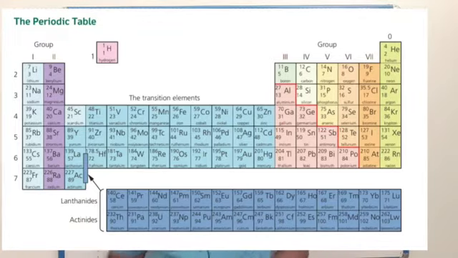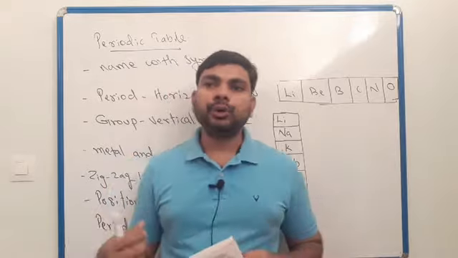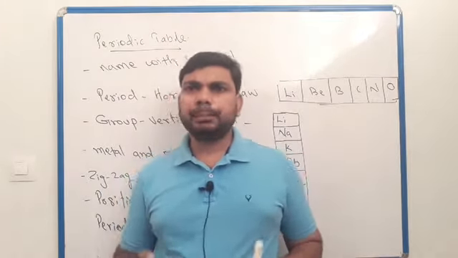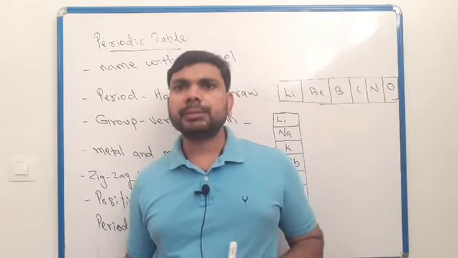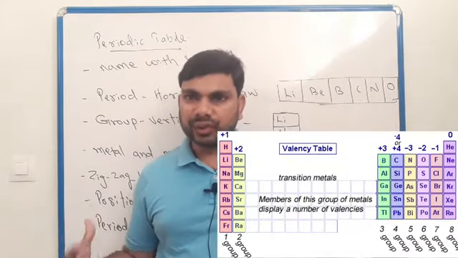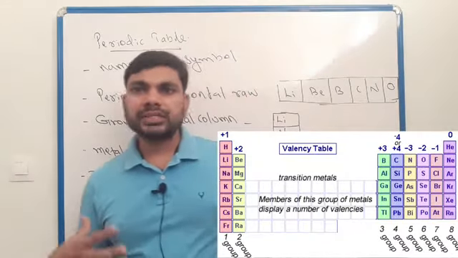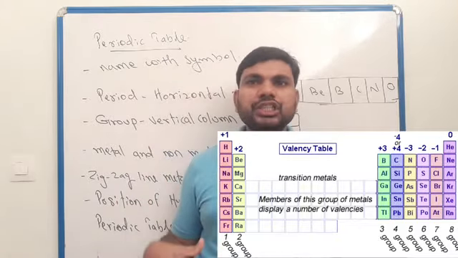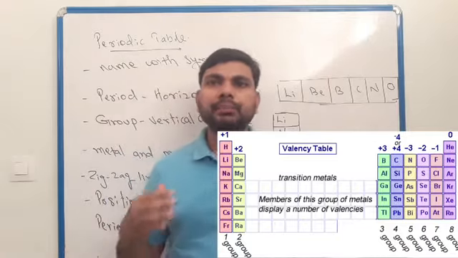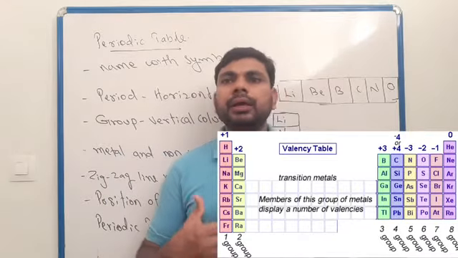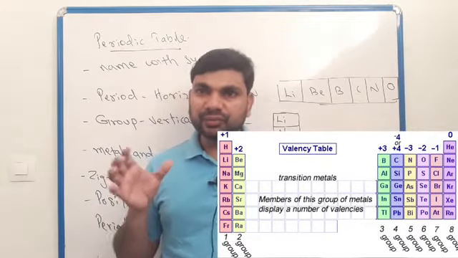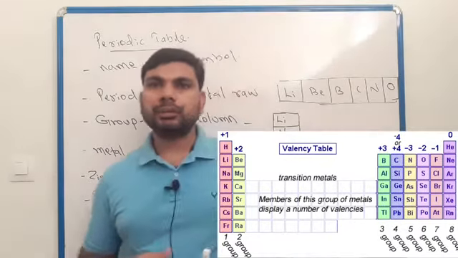Now we have to understand more about the periodic table, which we already discussed. In the periodic table you can see different types of elements with their symbols, starting with hydrogen, helium, lithium, beryllium, boron, and so on. The first element in the periodic table is hydrogen.